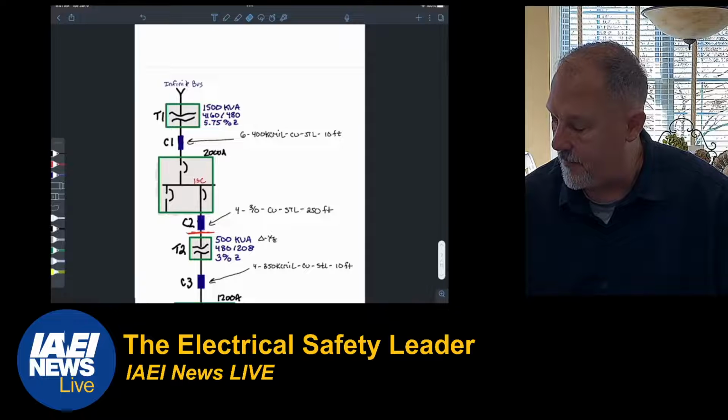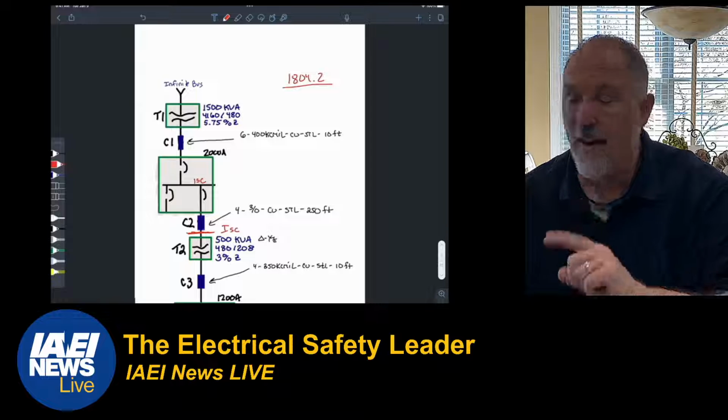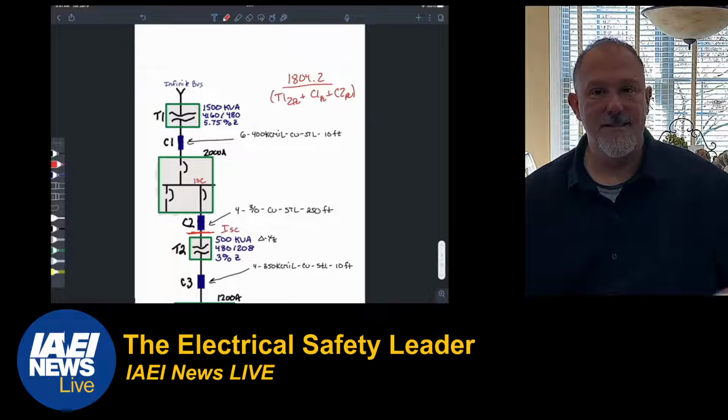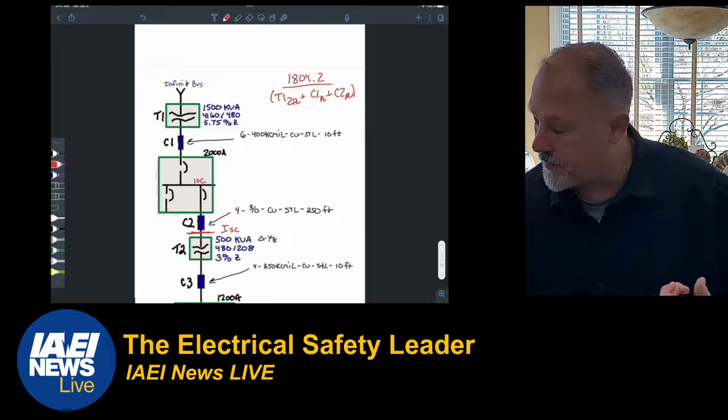If I want to know what I short circuit is right here, I take 1804.2, that's my I base, divided by Z per unit. So it's T1 Z per unit plus C1 per unit plus C2 per unit. Let's do it. All right.